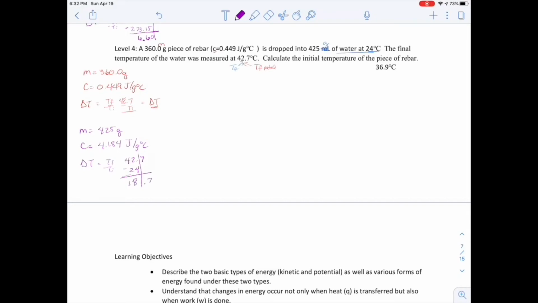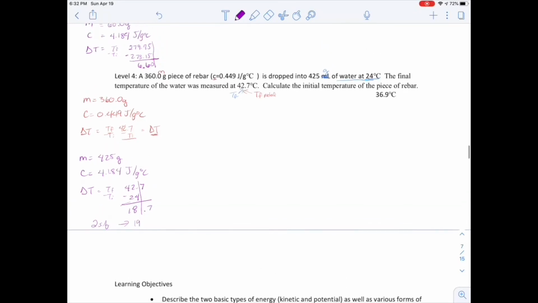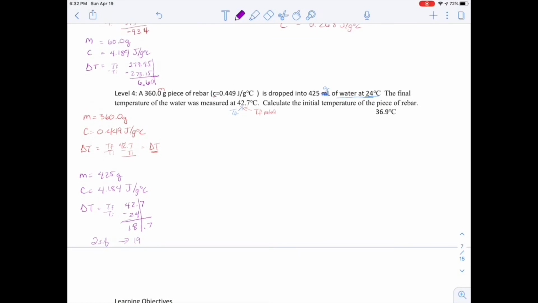So it's 18.7, but we round it to the ones position. That gives us 19. However, we're about to do a lot of math, and I don't want to lose anything. Remember, you're only supposed to round once. So we're keeping in mind that we are going to be limited by 2 sig figs, but we're going to put the full 18.7 into the problem so we don't end up with any rounding errors.